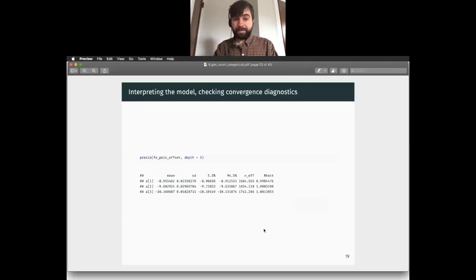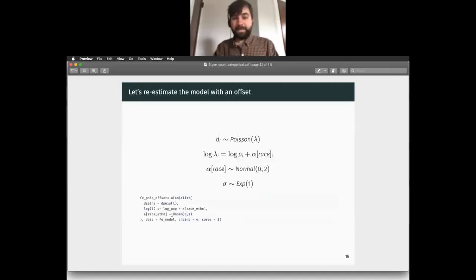Wait, so did it change to per person because of just adding the offset? Because of adding the offset, it changed to per person. Yep, that's exactly right. The offset term converts it into a rate.